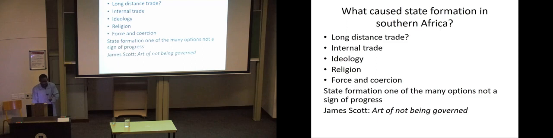So an ideology of land control that is linked to royal ancestors providing control over productivity of the land and so on. I think we have Beach and others who believe in this. Then religion, particularly rainmaking, is one of the factors that is also thrown into this mix.